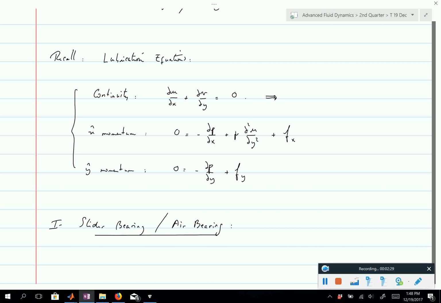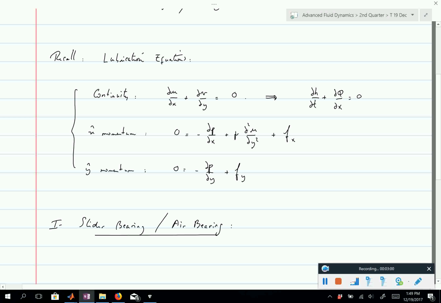We derived mass conservation on the 20th something of September, I think the 21st. We derived an equation which replaced the continuity equation for a lubrication layer, and that equation was partial h over partial t plus partial Q over partial x is equal to 0.